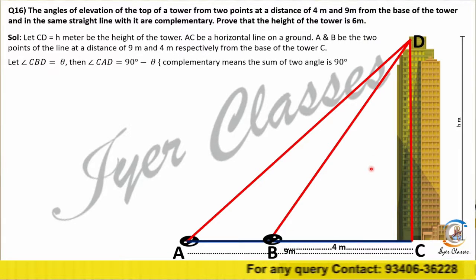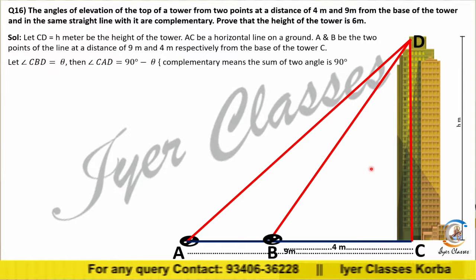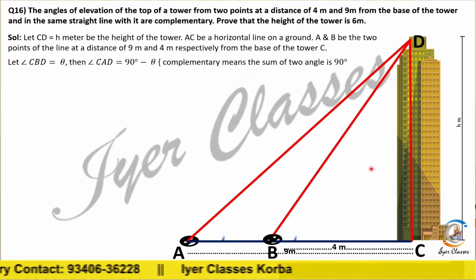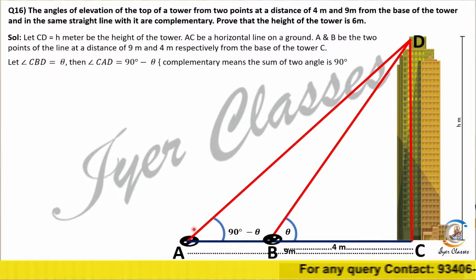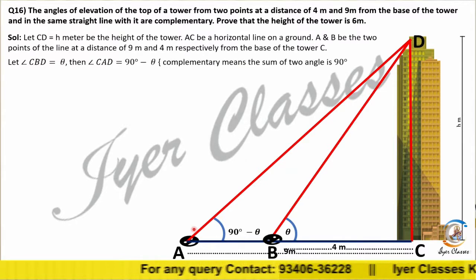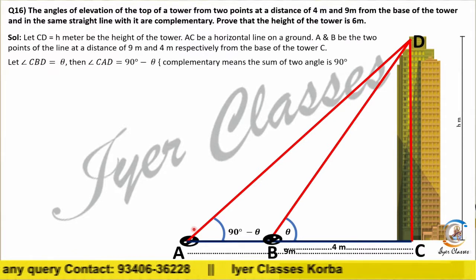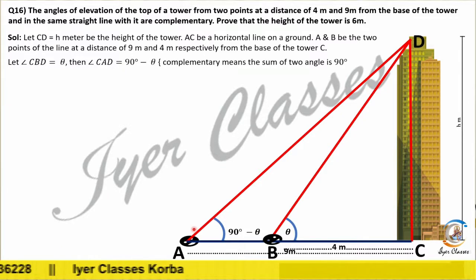What are the angles of elevation equal to? They are complementary to each other. So at B, if you take it as theta, the other should be equal to 90 minus theta, because complementary angles means the sum of the two angles is equal to 90 degrees, right?